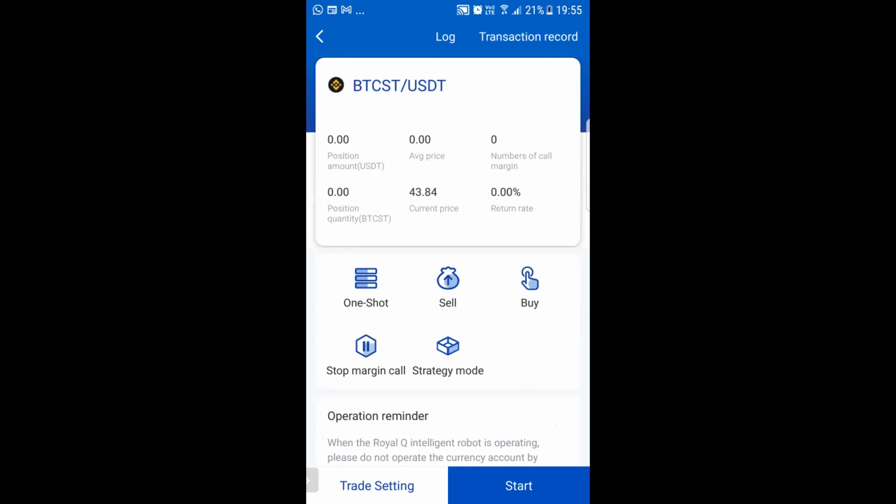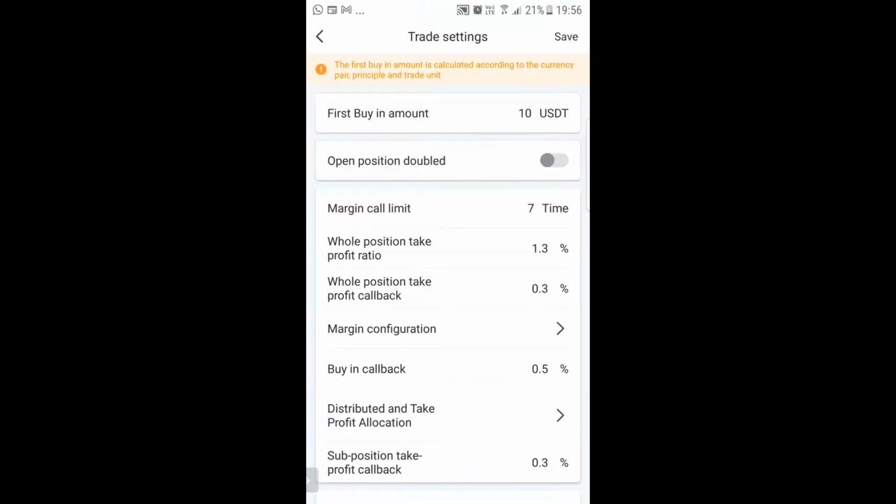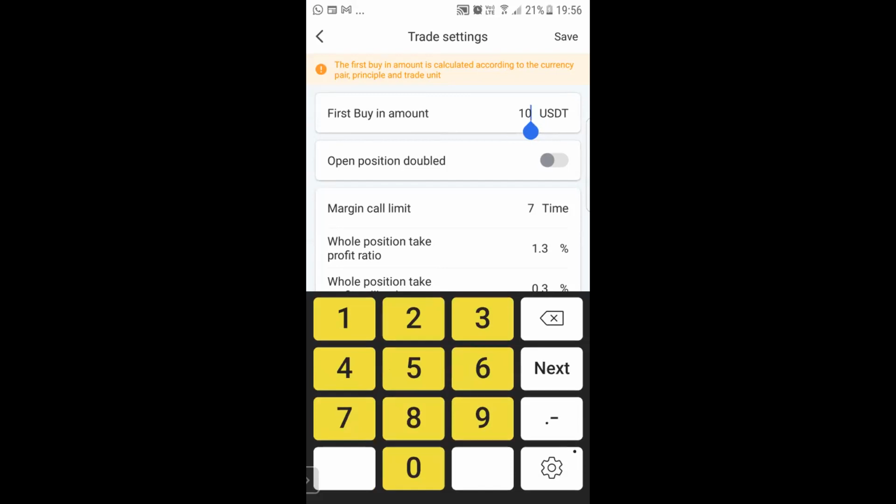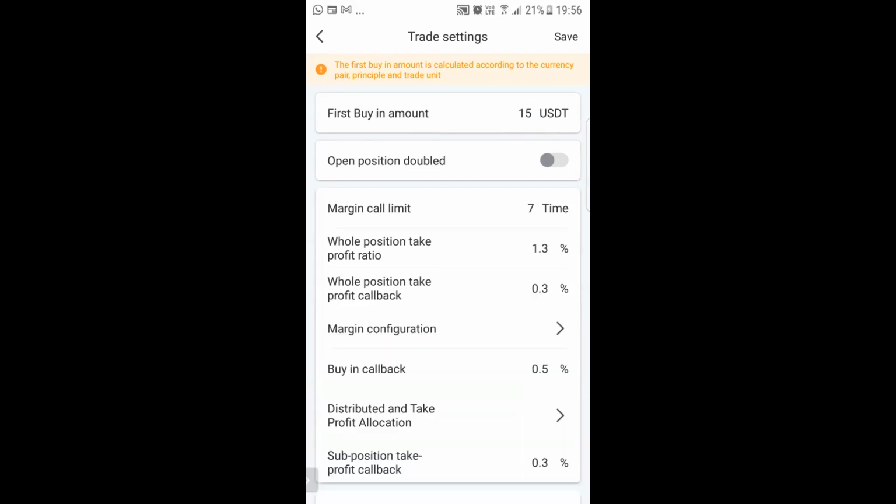So we go to trade setting, and you can see there on the trade setting that we have an amount of $10. I'm making a request that at least our startup, our first buy-in, let it be at least $15, so that we don't have a situation whereby a slippage happens and there's a massive move downwards, or a red candlestick.